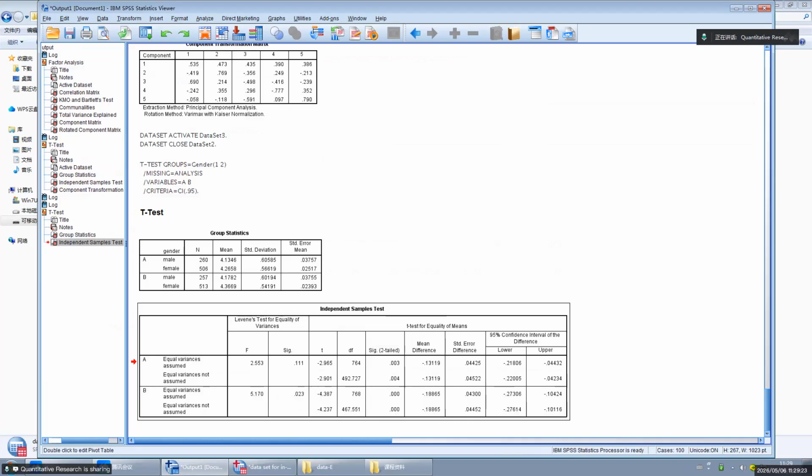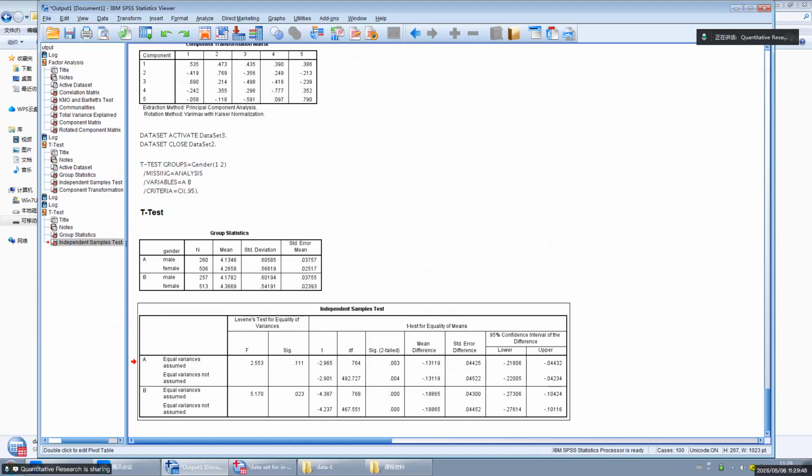Then you go back to the first table, and you see who scores higher. Female, right? So follow the same pattern. There is a gender difference in B, then you report t and p.